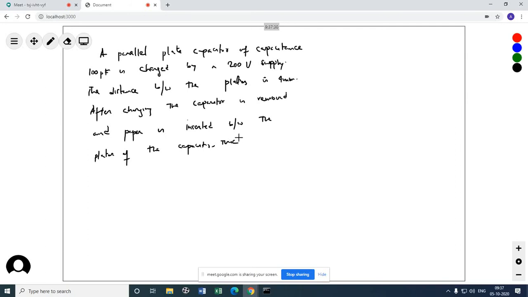The thickness of the paper is 2 millimeter.